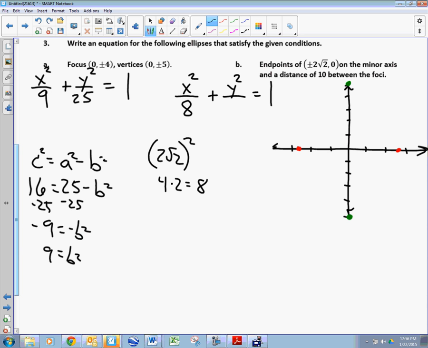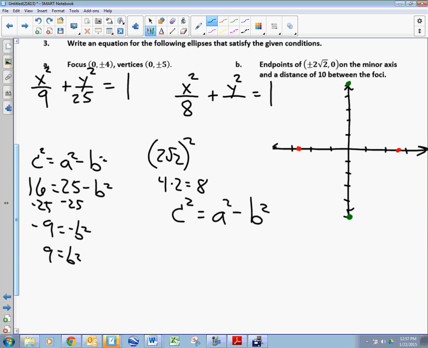We can start to use our pieces using this equation. C squared is a squared minus b squared. Do you know c squared? Your options said 8, 10, and 100. None of them are right. 25. Why?